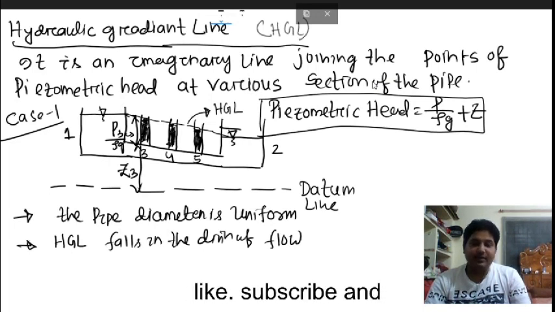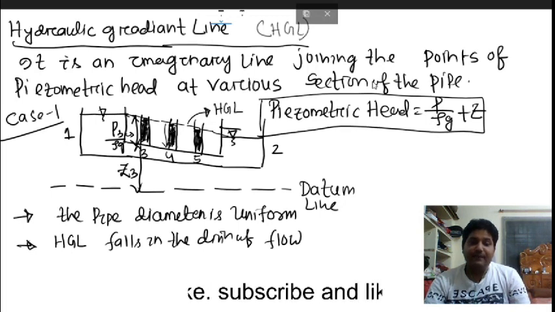Here the datum head is constant, but the static pressure at various locations changes: this is P3 by rho g, this is P4 by rho g, and this is P5 by rho g.